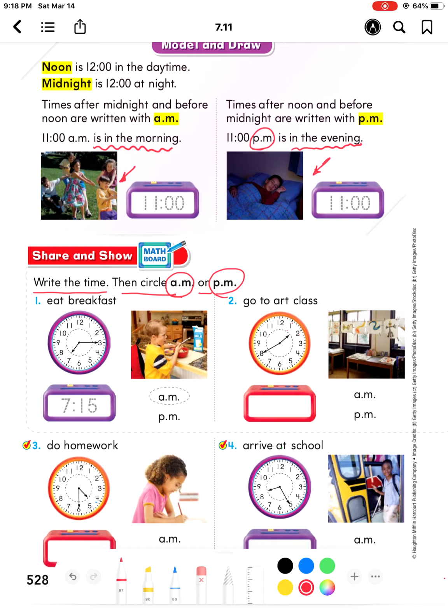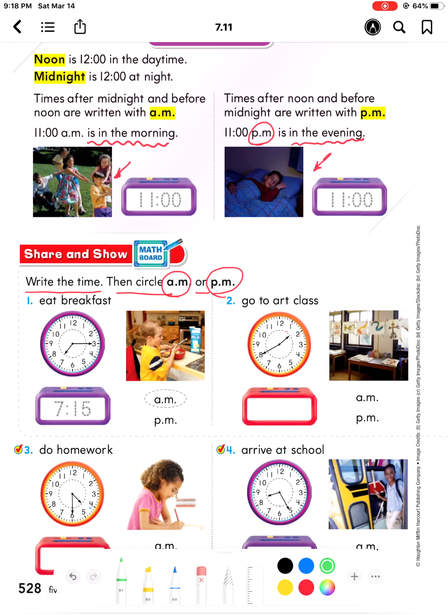Okay, now we have the clock here. Here, the short hand, the hour hand, is at 7. So it's 7. Now the other one is the long hand, or the minute hand, is at number 3.